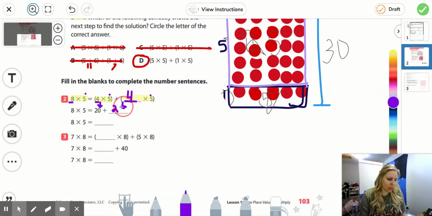Perfect. And then if I add 20 and 20, Natalie, what do I get? What's 20 and 20, Natalie? Daniela, not quite. There you go, Daniela. What do you think, Natalie?